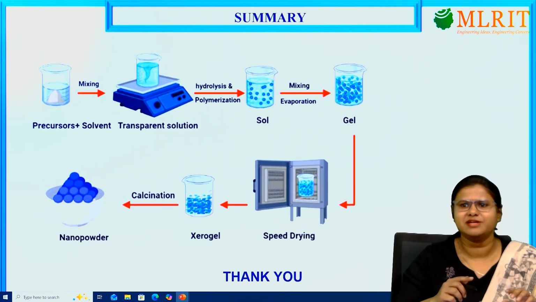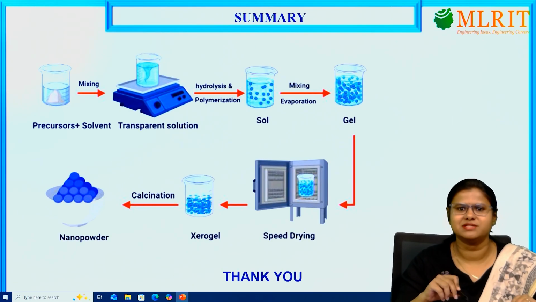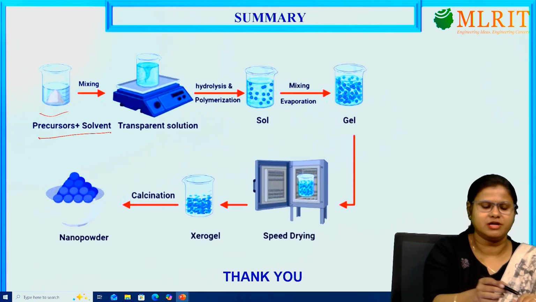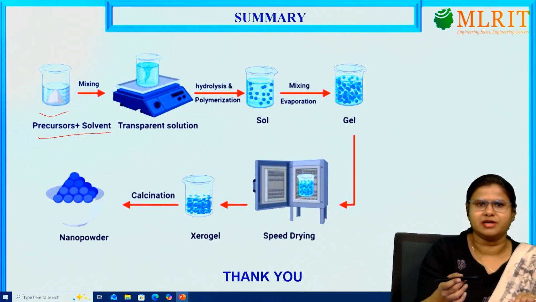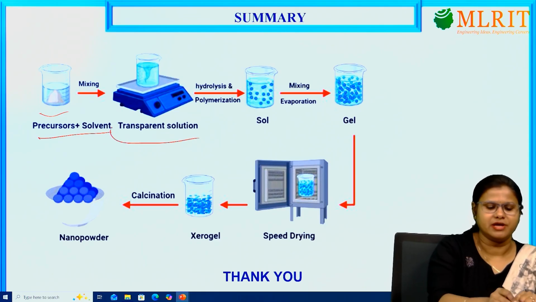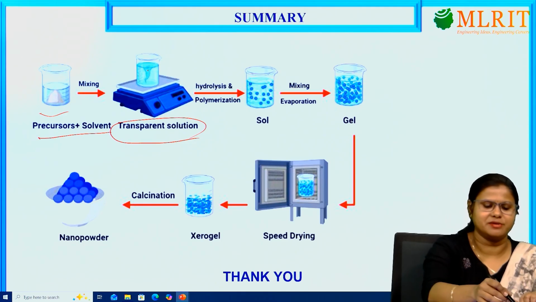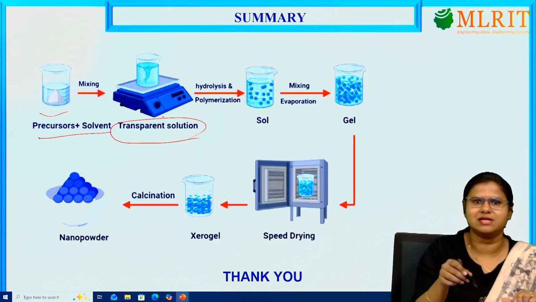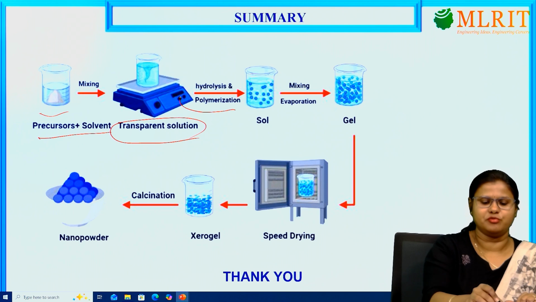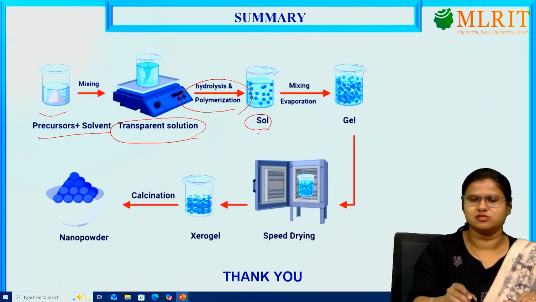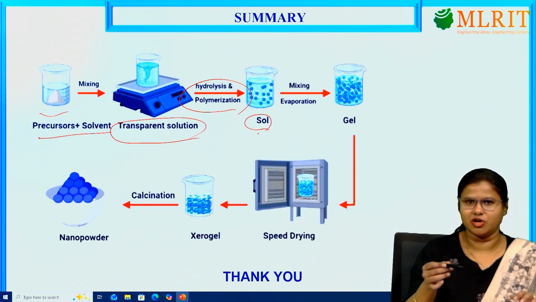In summary, in this lecture we have discussed the sol gel method, where we mix the precursor with some solvent and get a transparent solution. We use a magnetic stirrer for mixing. Then, by hydrolysis and polymerization, we get the sol, which is a colloidal solution.